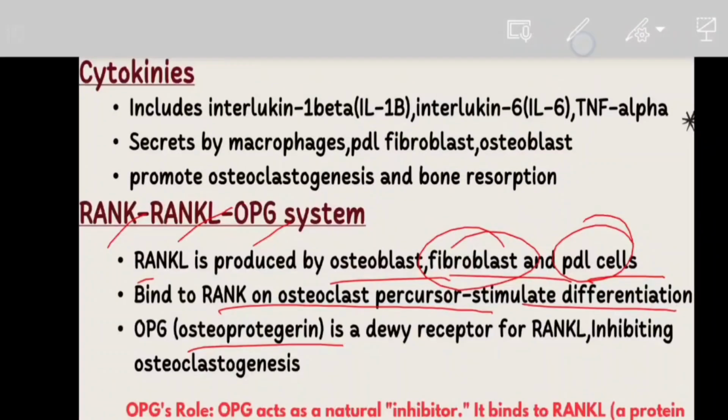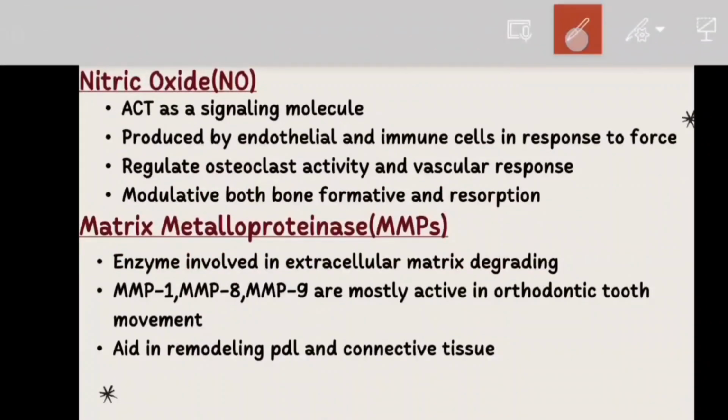Okay. Now the next one is nitric oxide. It acts as a signaling molecule. It is produced by the endothelium and immune cells in response to force. Its function is that it regulates osteoclast activity and the vascular response. So it modulates bone formation and resorption. Now the next one is matrix metalloproteinase.